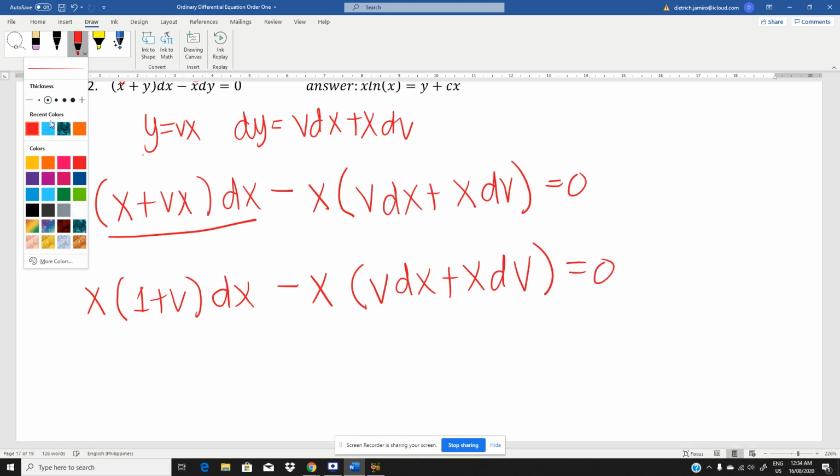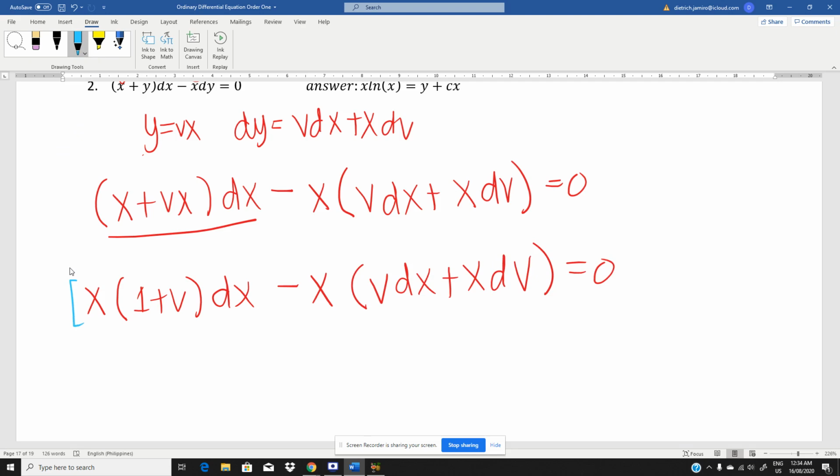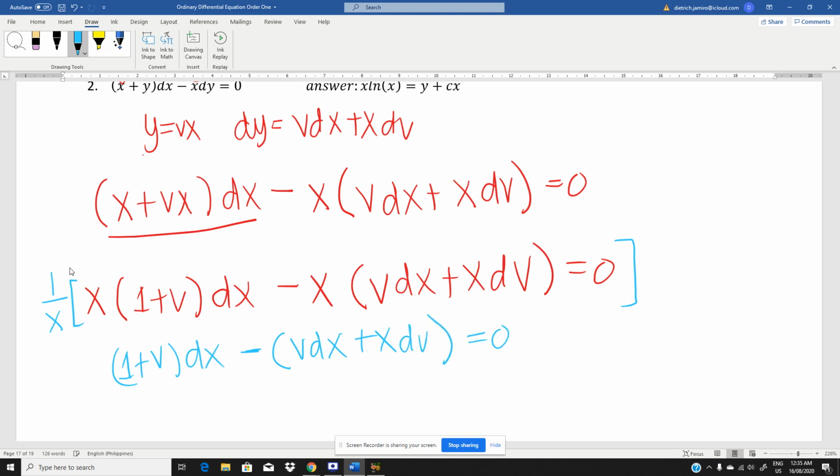So multiplying both sides of the equation by 1 over x, we will have (1 + v) dx − (v dx + x dv) is equivalent to 0.